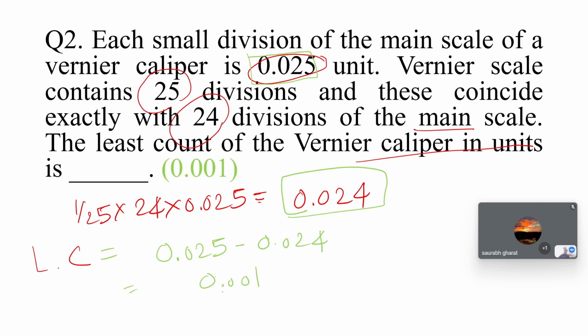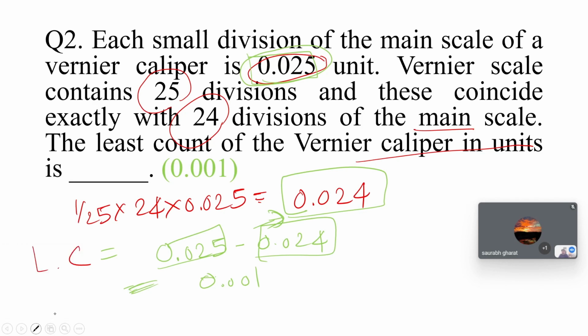What we did here is subtract the vernier scale value from each small division on the main scale of the vernier caliper. I told you that in my assignment also, and I am telling you the exact part right now, exactly how this question can be solved. This is from one main scale division and this is from one vernier scale division. So this is your answer.